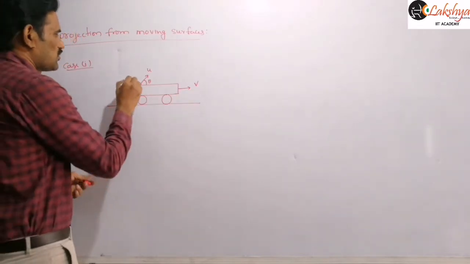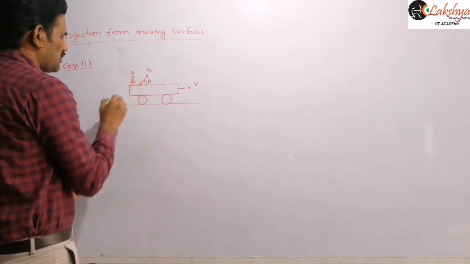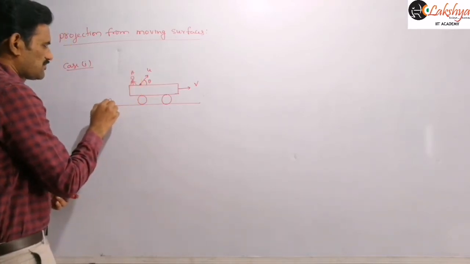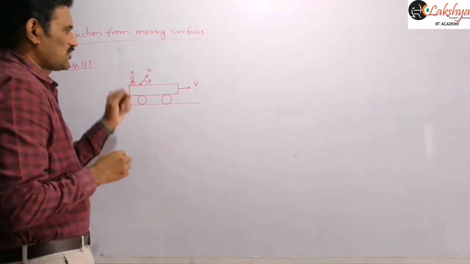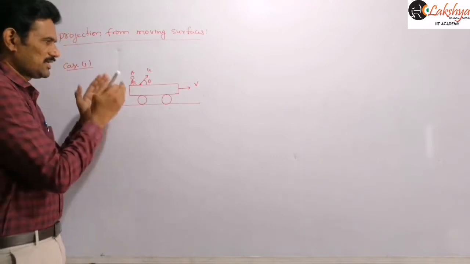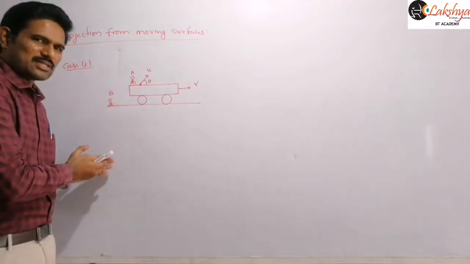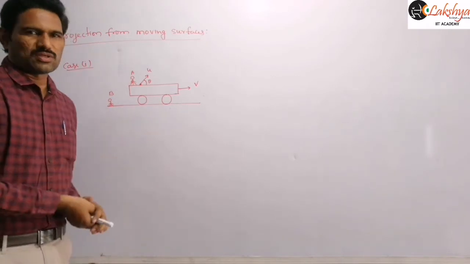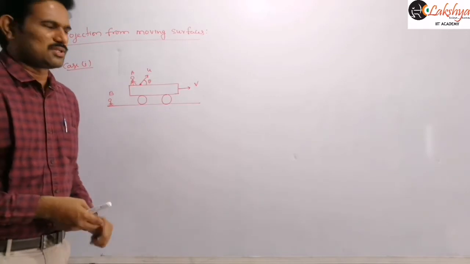Now you may solve the problem either with respect to the truck or with respect to the observer on the ground. Let us observe the difference between them. Suppose one observer is on the truck, let it be A. He is observing this projectile. And another observer B is standing on the ground and he is also observing this projectile. Let us consider the projection takes place at t equal to 0.